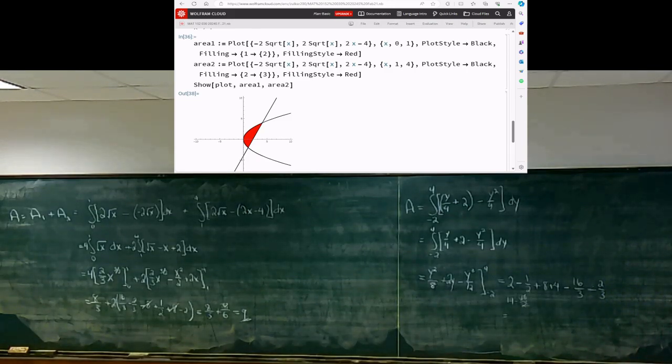Y squared over 8 plus 2y minus y cubed over 12.